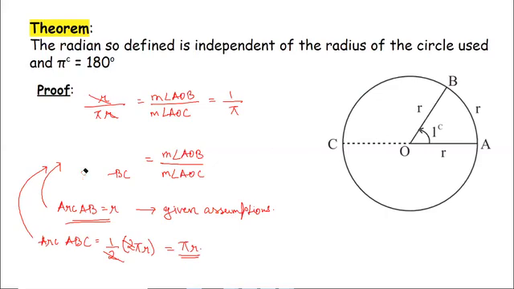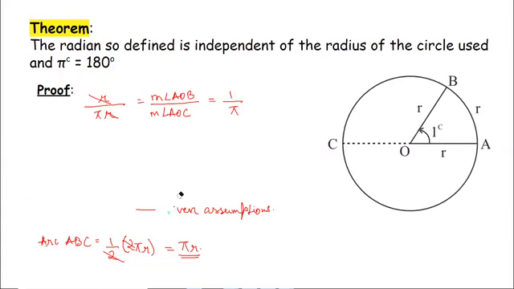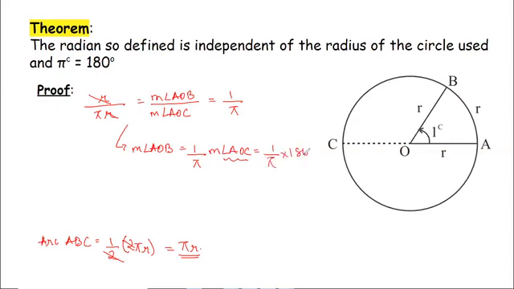The moment I write on the screen, it's expected that you note it down in your notebooks. The next step: measure of angle AOB is equal to 1 by pi times measure of angle AOC. Now measure of angle AOC, as we discussed earlier, is 180 degree. Therefore, measure of angle AOB, which is 1 radian as per the definition of radian measurement, is equal to 180 degree divided by pi.